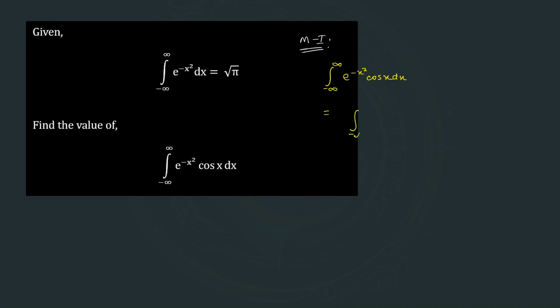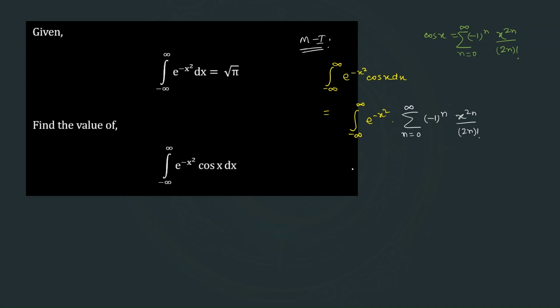So it is written as the integral from minus infinity to infinity of e to the power minus x square times the expansion of cos x, which can be written as minus 1 whole to the power n, x to the power 2n divided by 2n factorial, where this summation is running over n from n equal to 0 to n equal to infinity. So we can write cos x equal to summation n equal to 0 to infinity, minus 1 whole to the power n, x to the power 2n divided by 2n factorial.